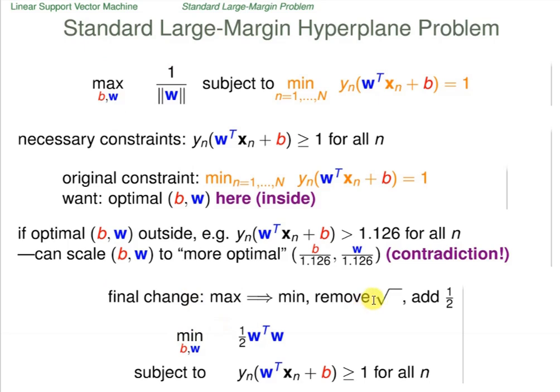And second, we remove the square root that comes from the norm definition and add the constant 1 over 2, which will be convenient later. Therefore, to find this optimal hyperplane, we now need to solve the following optimization problem. Now not maximization, but minimize, find w and b. The b doesn't appear in the objective, but b appears in the constraint. Minimize the following quantity subject to the following constraint.